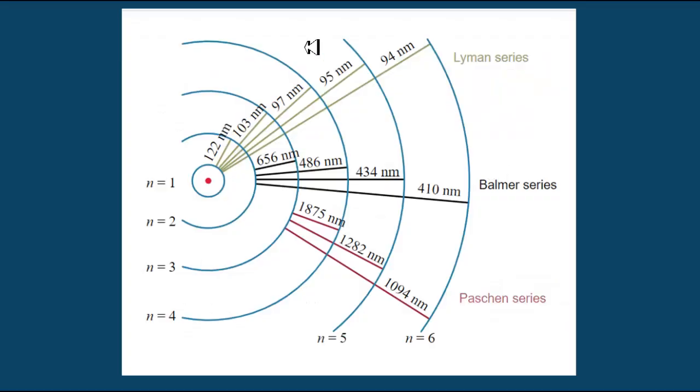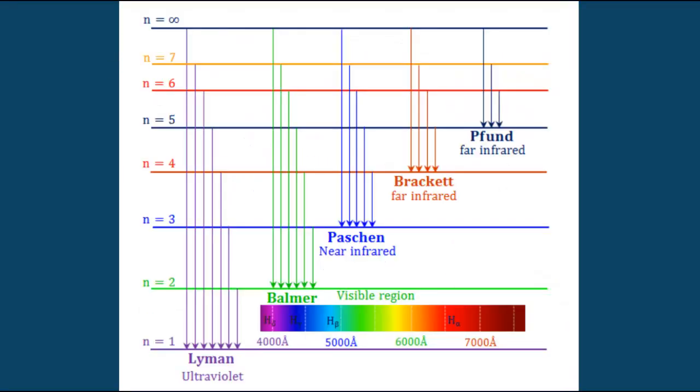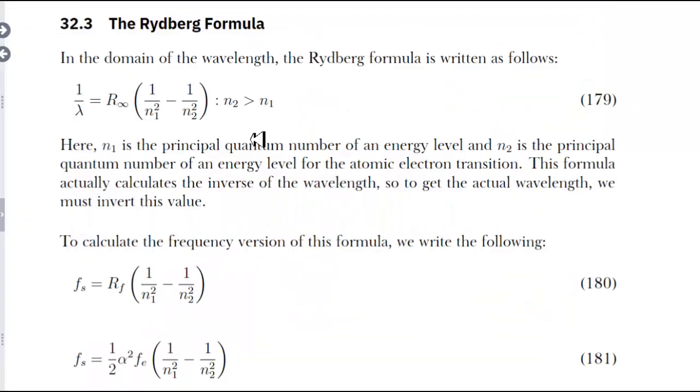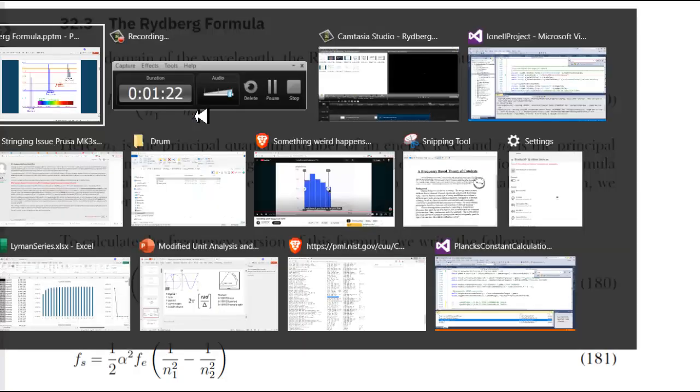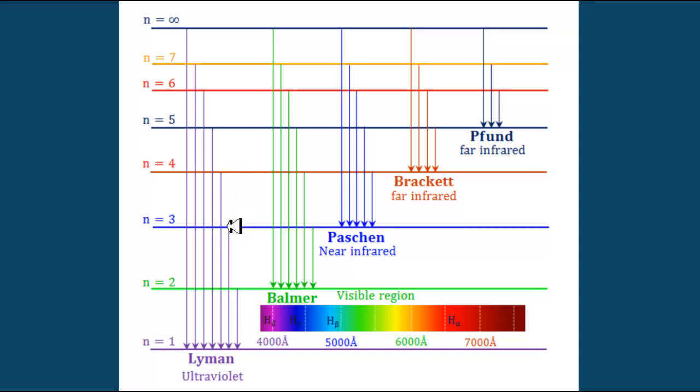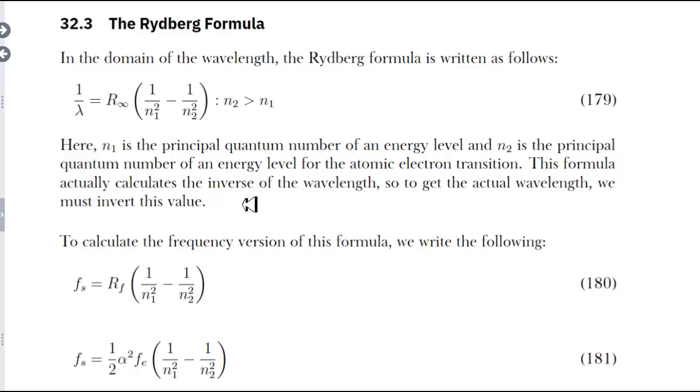Technically, let's have a look at this graph here. Let's say n2 would be the transition from, and n1 is the transition to. So if something is transitioning from n2 to n1, we would use this formula here. The n2 would be the second energy level and n1 would be the first energy level, or n2 could also be the third energy level, or let's say the fourth energy level to the first energy level.